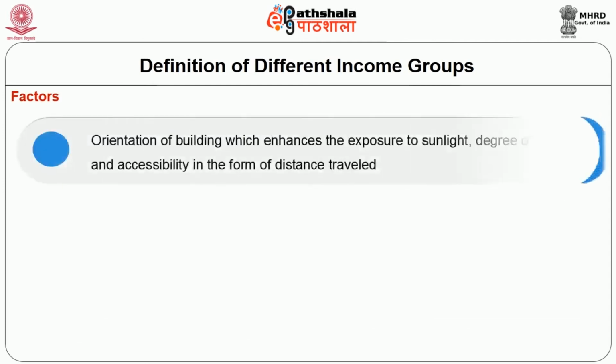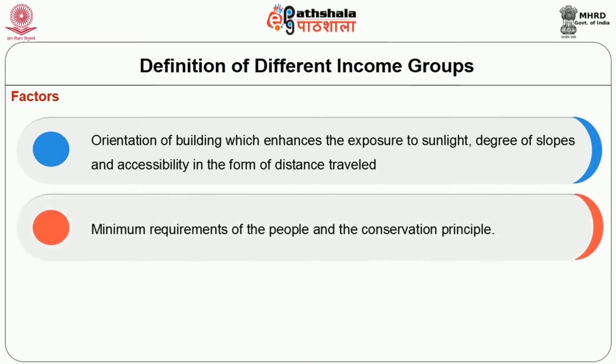Irrespective of different income groups, the following are the main factors that should be considered in the construction of a dwelling unit. First, orientation of the building, which enhances the exposure to sunlight, degree of slopes, and accessibility in the form of distance travelled. Second is the minimum requirements of the people and conservation principle.